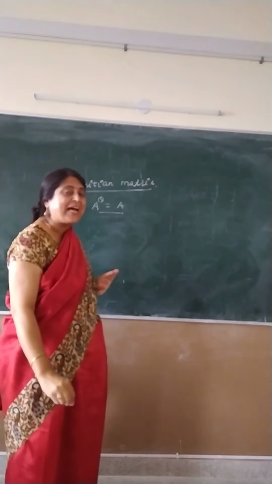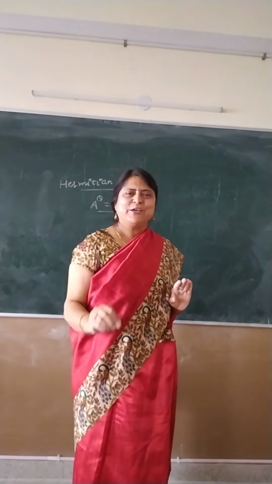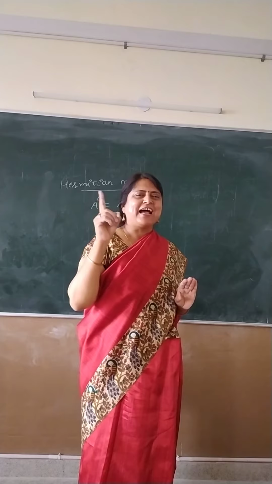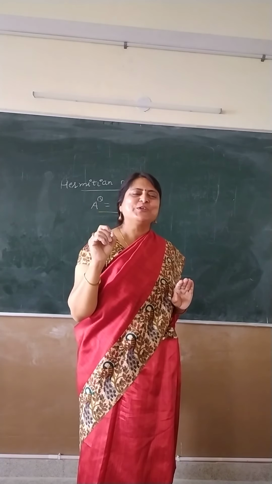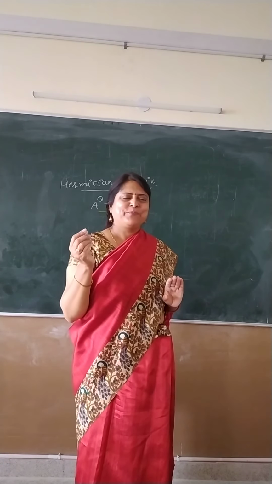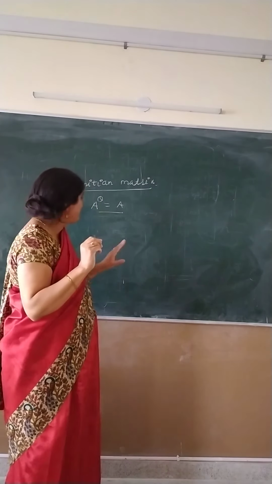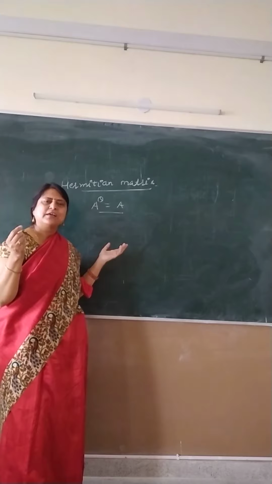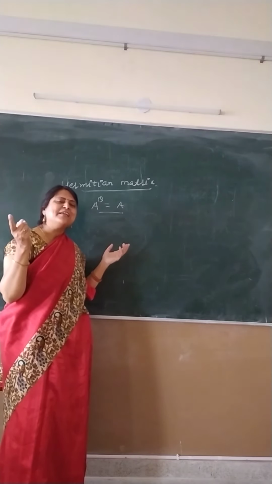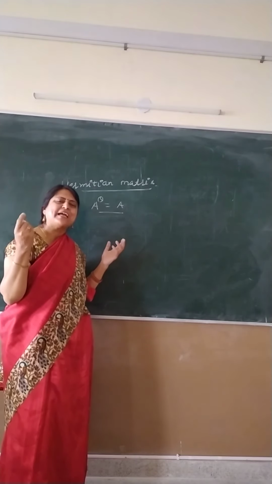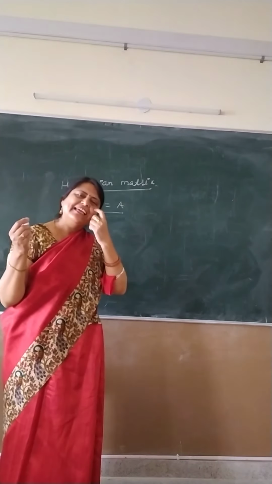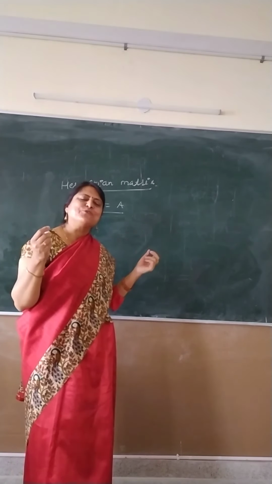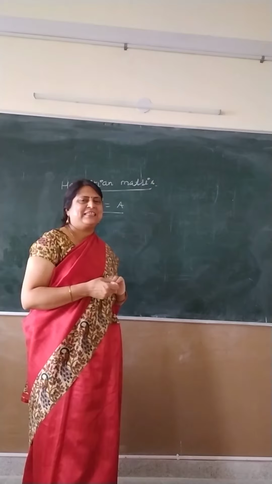All of you know conjugate transpose of a matrix is the transpose of the conjugate of a matrix. It means if conjugate of the jith element of A is equal to the ijth element of A, then the matrix is said to be Hermitian matrix.